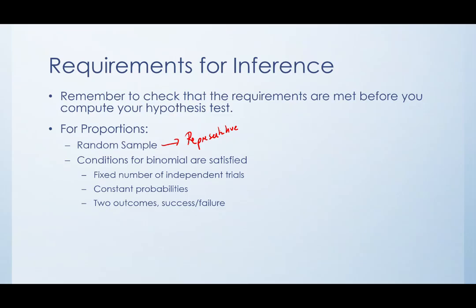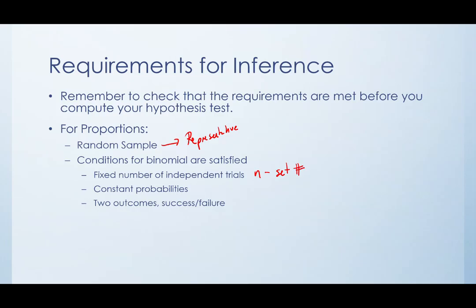Then we need to check to make sure that the conditions for the binomial are satisfied. That means a fixed number of trials, right? No picking dice from a bag until you get 6 green ones, right? No, you've got to set a number of trials beforehand. So n has to be a set number ahead of time.